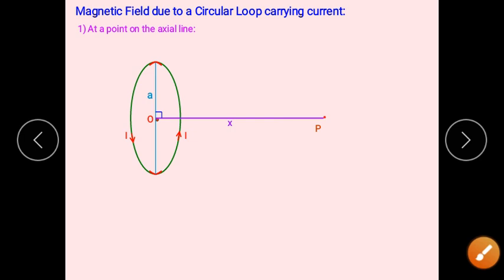Therefore, at this point, the current will come out of the plane, and at this point, the current will go into the plane, because the circular loop is kept in perpendicular direction. Clear?